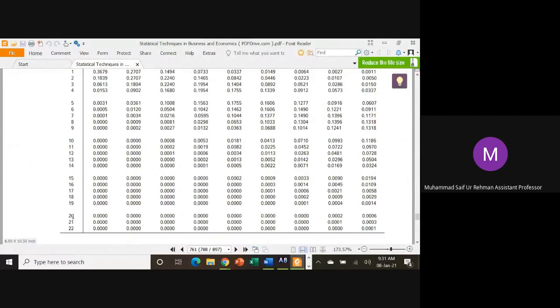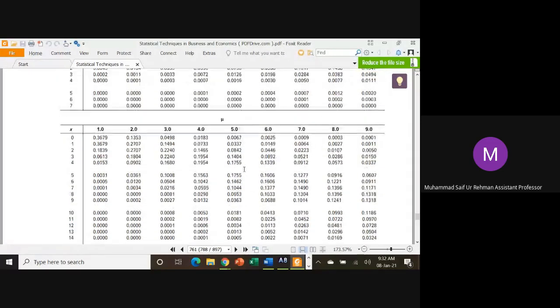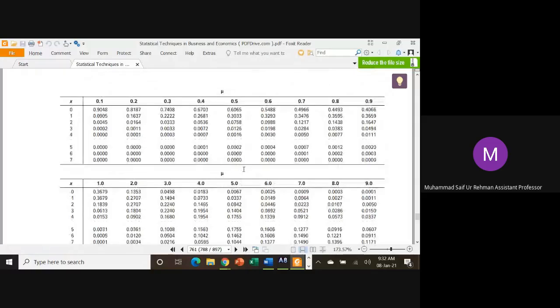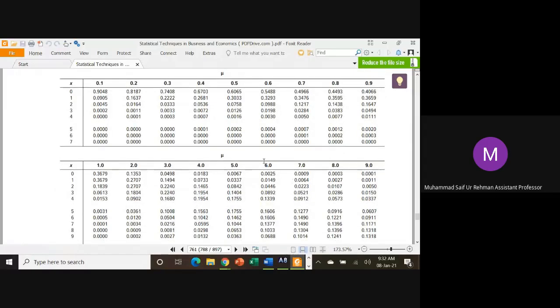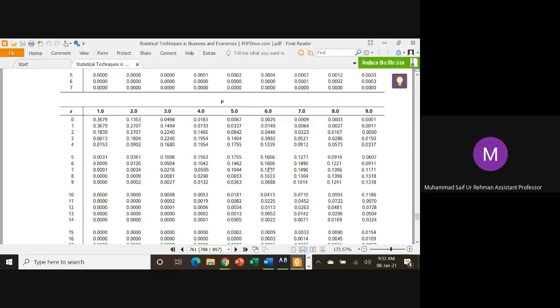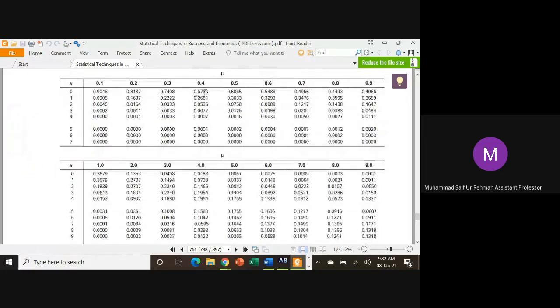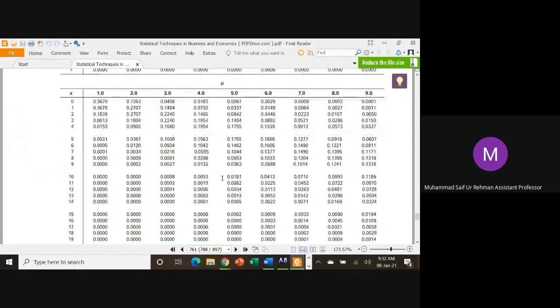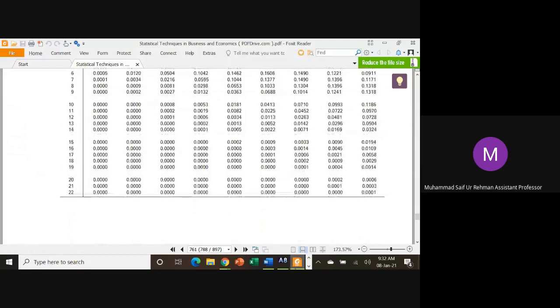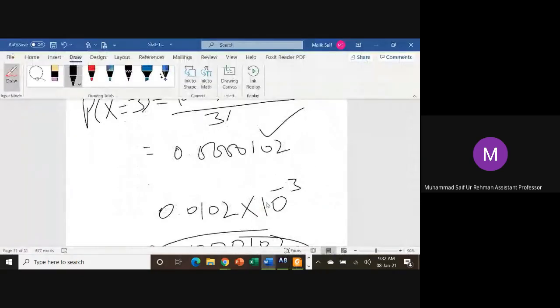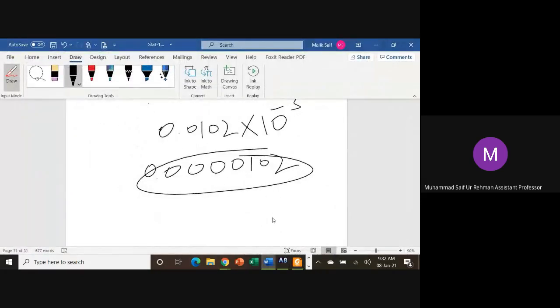Then you will see what mu is. So what was mu in this case? Mu was 0.04. The value for that mu is not given in this table, so you could not find it. But if the value of mu is equal to 0.4, then you are able to find out the probability. Therefore you will take help of your calculator in this case.